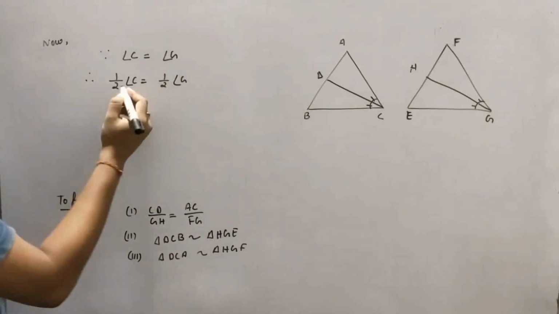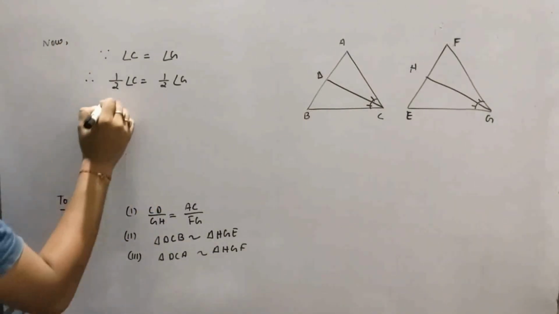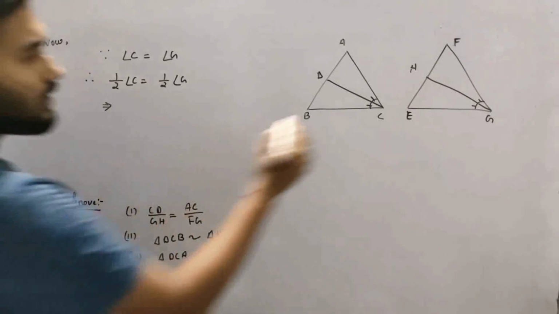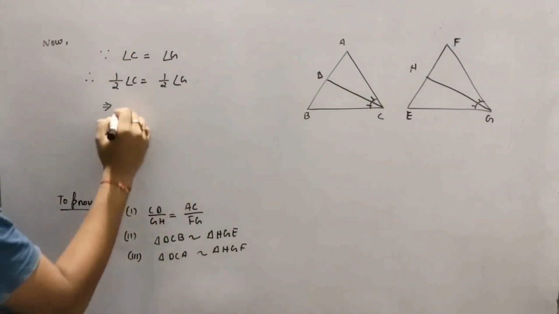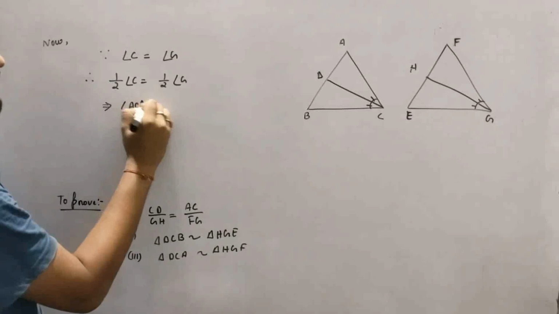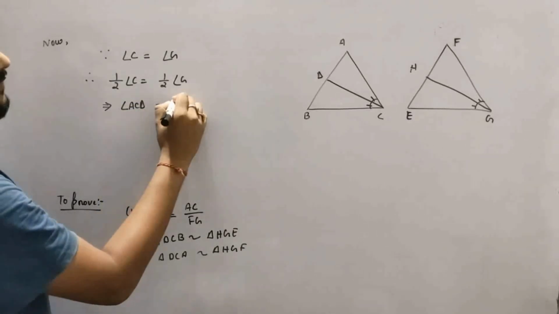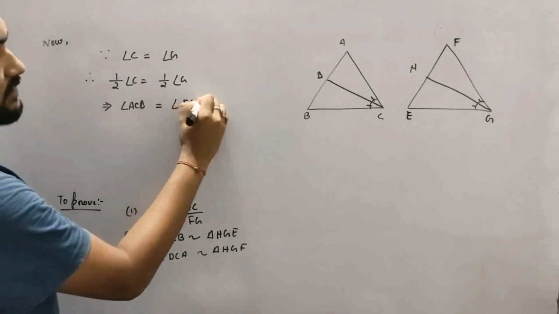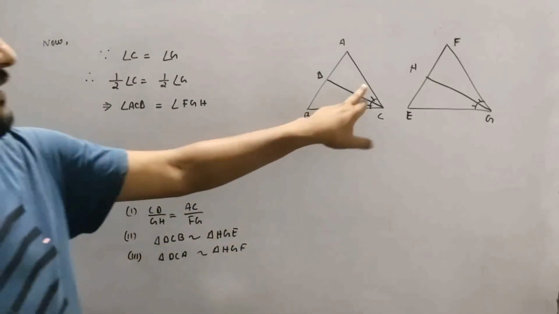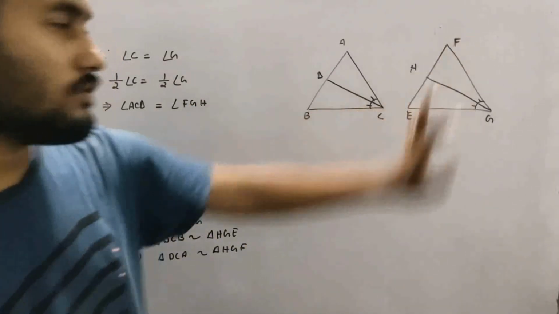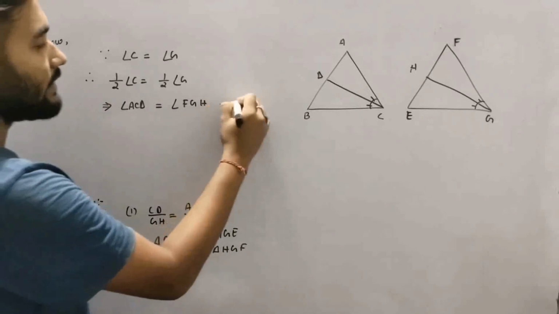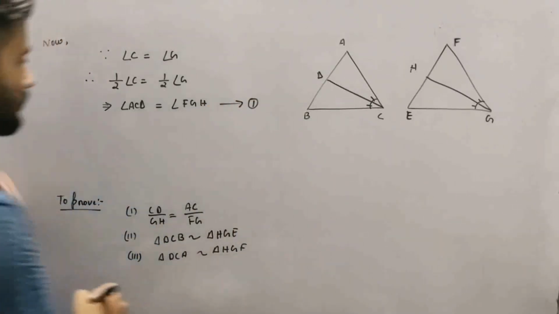Okay. So therefore half of angle C will be equal to half of angle G, which implies if I take the top one, half of angle C means angle ACD will be equal to angle FGH. So ACD is the top one, FGH is also the top one. Okay. So I can take this as equation 1.